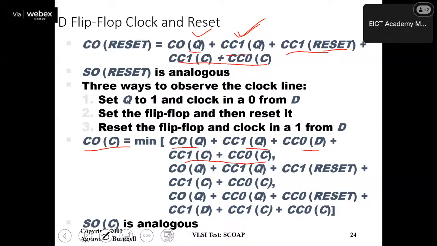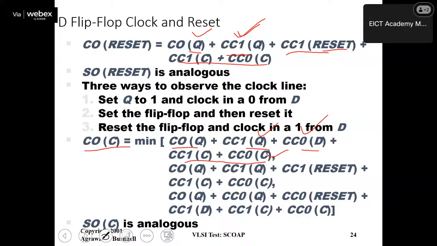It means you have to make the active edge of the clock, plus you have to make sure that the D is at 0 and Q is at 1, because D is going to change. If it is 0, then Q will get changed from 1 to 0, right? That's what has been taken: the active edge along with the different input and output. This combination has been taken.